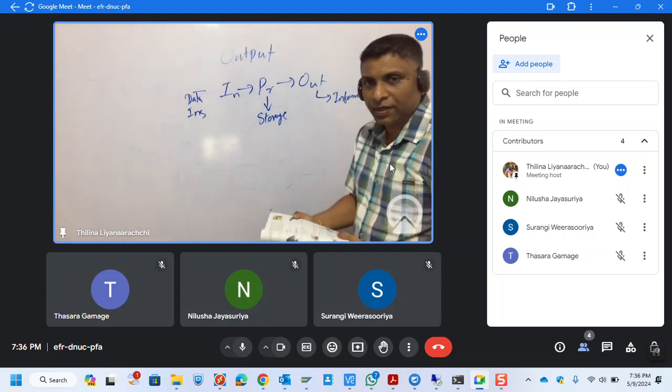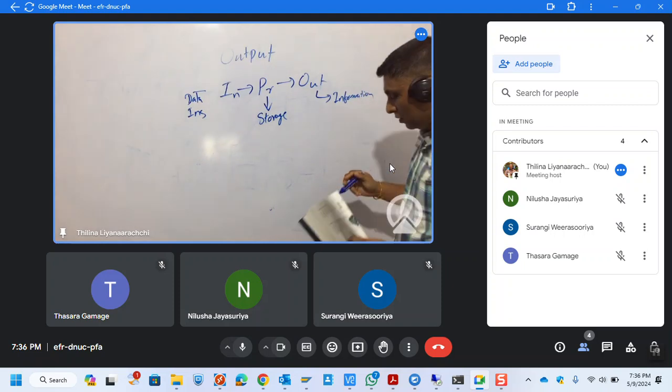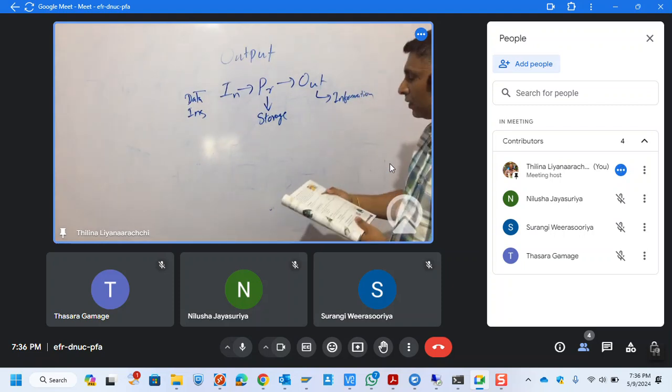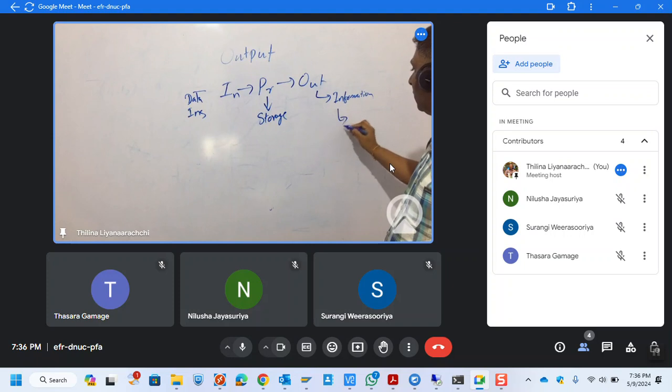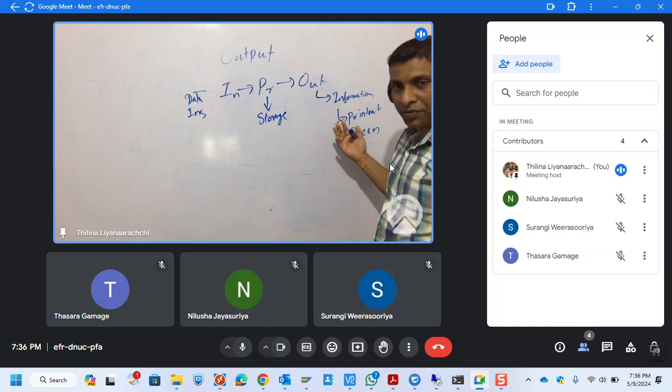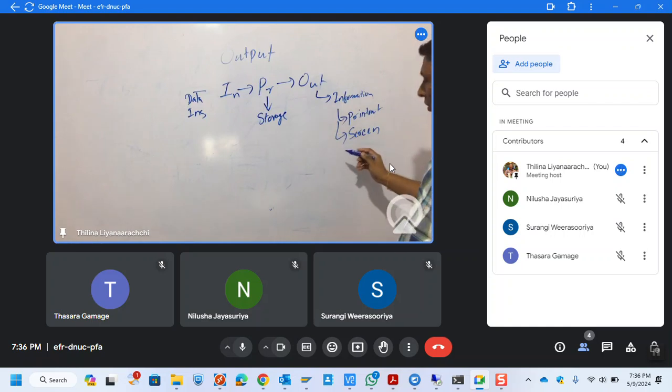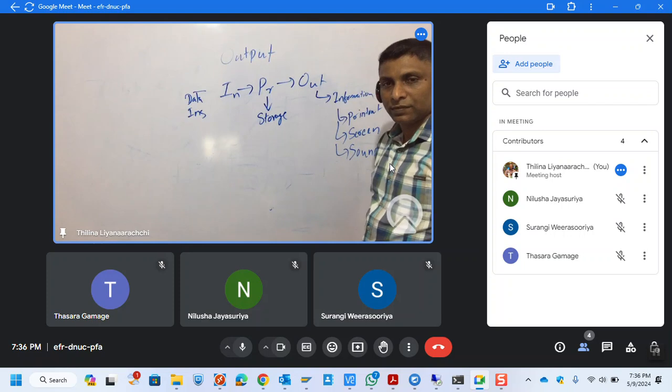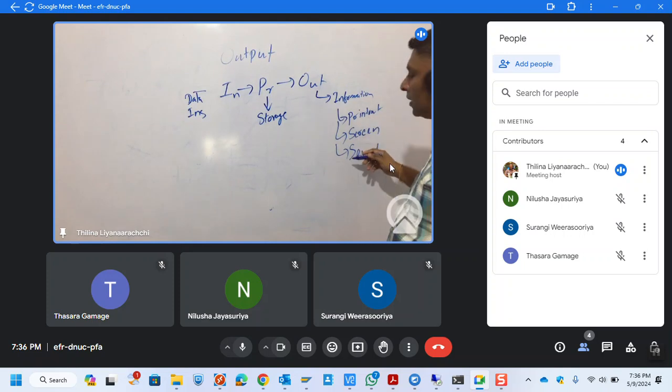This information, the output, we can get in various ways. The first one, we can get it as a printout. Maybe on screen, we can see the output on the monitor. Or we can get output as sound, speaker output. See, three different scenarios.